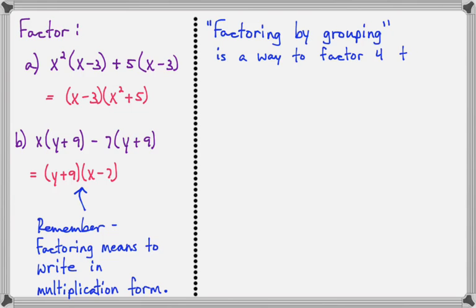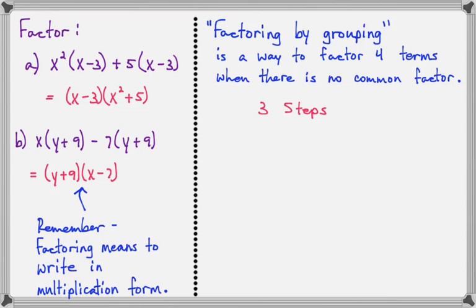Now that we've practiced factoring out binomials, let's talk about factoring by grouping for real. This is a way to factor when you have 4 terms and no common factor. So you should only attempt this method when you have 4 terms. There are 3 steps. Here they are. You're going to factor the GCF from the first 2 terms.